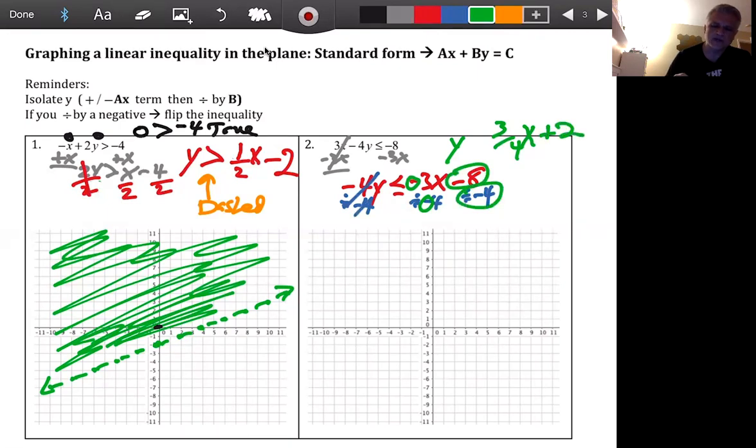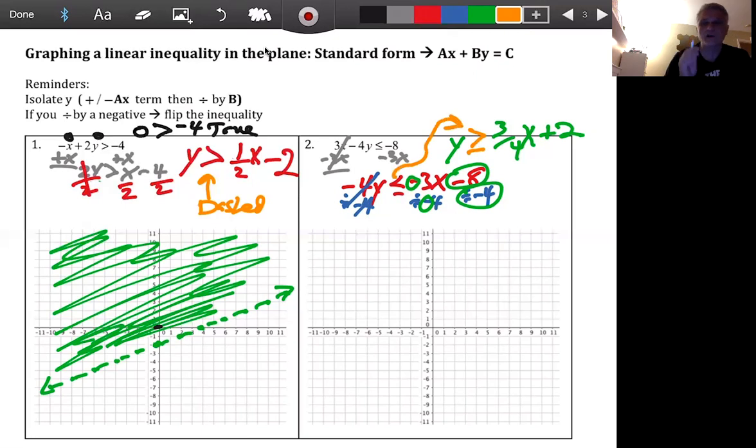Now, the only thing I didn't put in was the symbol. We divided by a negative number. When we divide by a negative number, we have to switch the direction of our inequality. So this is going to become a greater than or equal to. That is a common mistake when people forget that.